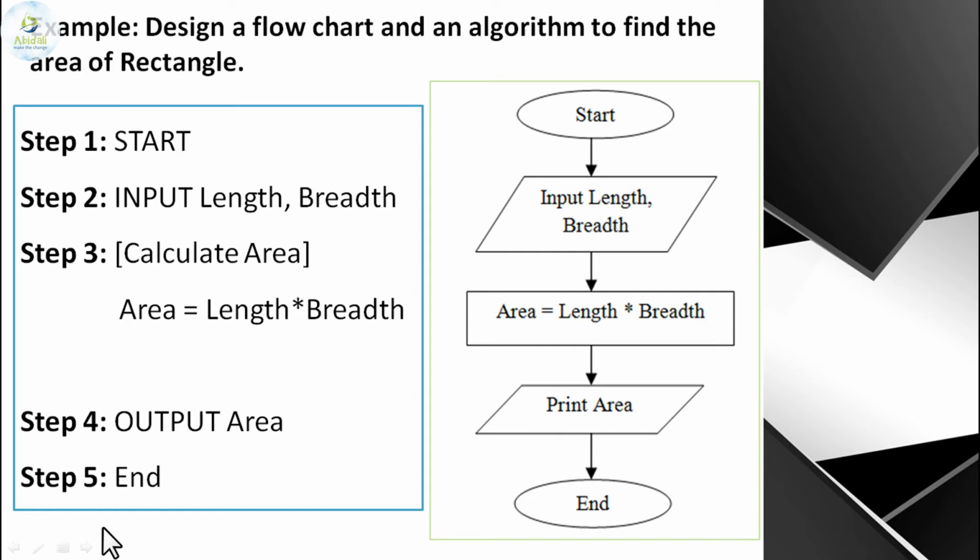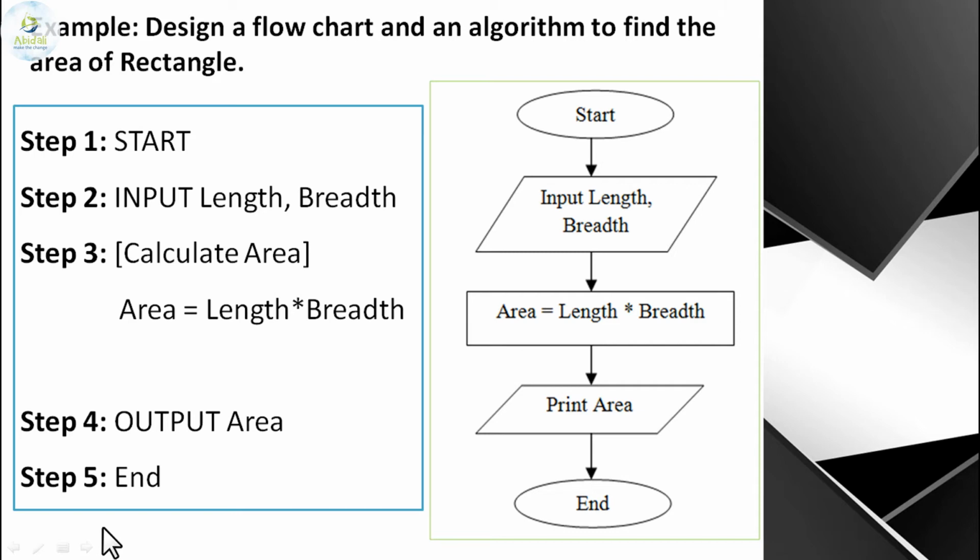The same we will put into the flowchart. See, step number 1, which indicates start, is represented by the oval start. Step number 2, which is input or output, is represented by the parallelogram that you see. So input length, breadth. Then the arrow mark indicates the flow of logic of the program.